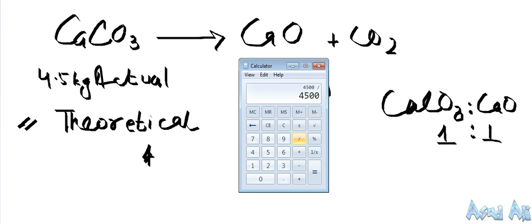We'll divide it by the molecular mass of calcium carbonate. 40 plus 12 is 52. 52 plus 32 is 84. 84 plus 16 is 100.